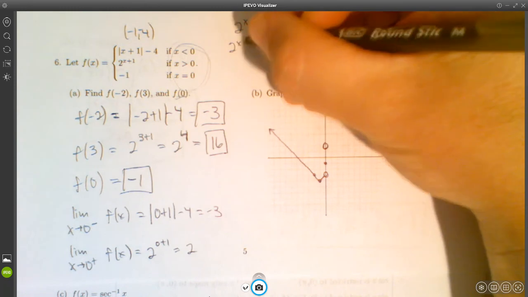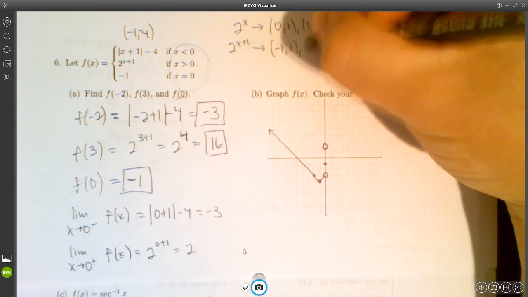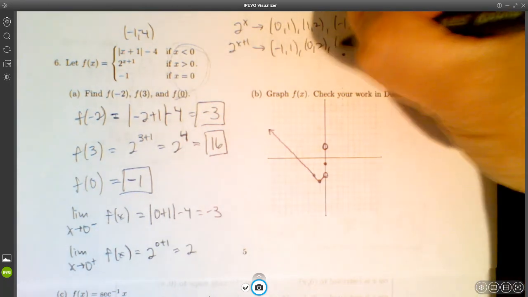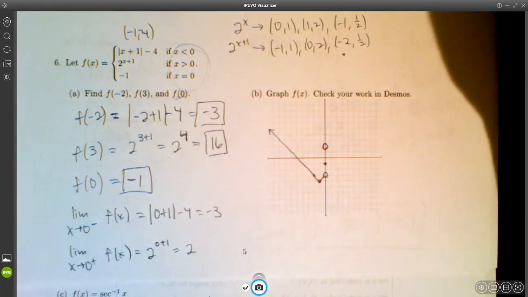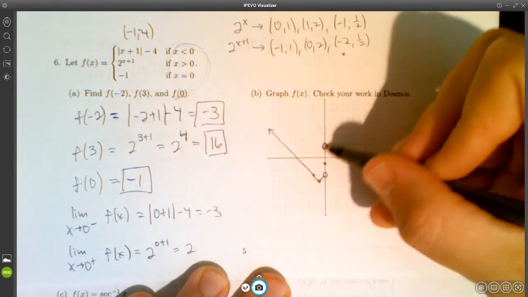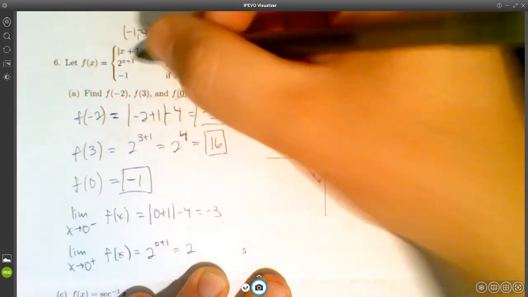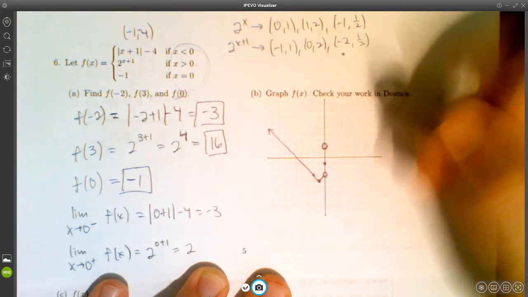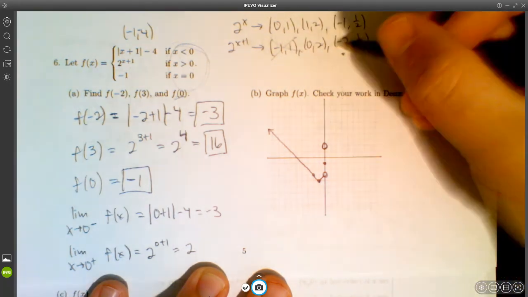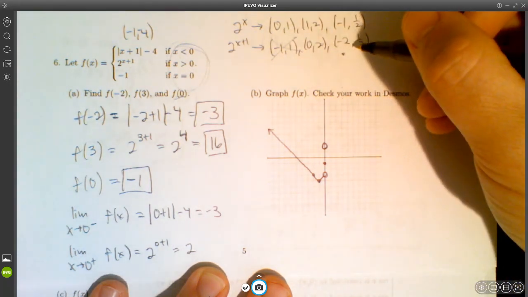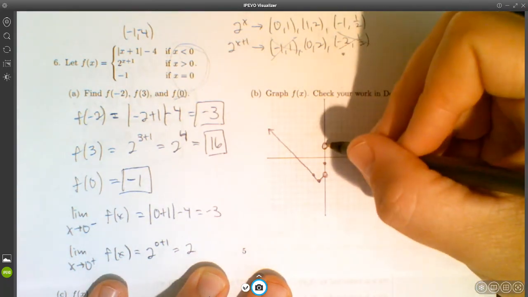So 2 to the x plus 1 is going to go through negative 1, 1, 0, 2, and negative 2, 1/2. So 0, 2, sure enough, right? Except that it doesn't actually go through that. f of x doesn't go through that point because we're only going to use 2 to the x plus 1 if x is greater than 0. So negative 1, 1 is not going to be on there either. 0, 2 we've already plotted as an open circle. Negative 2, 1/2 is also not going to be on there.